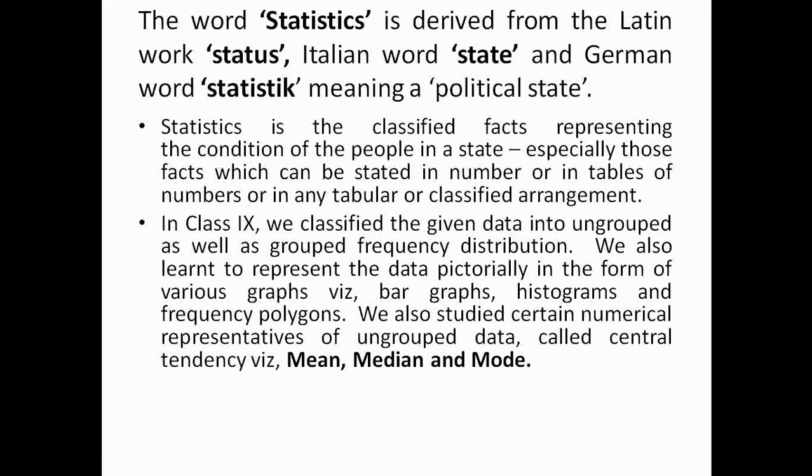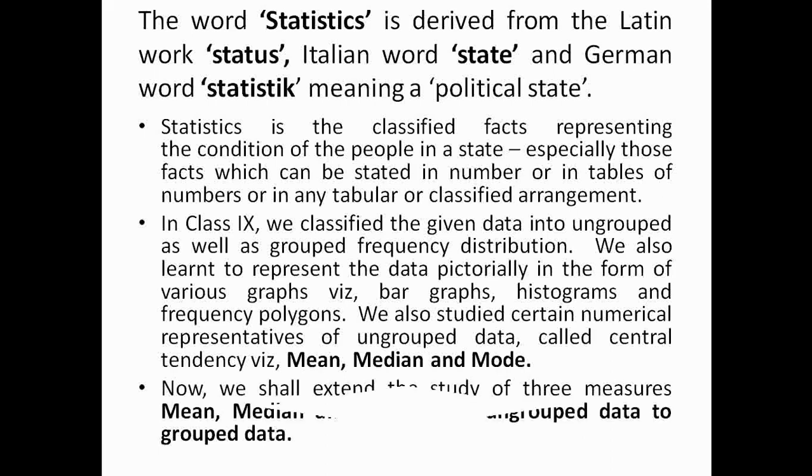We also studied certain numerical representatives of ungrouped data, that is called central tendency. In class 9 you have done that, that is mean, median and mode. Now we shall extend the study of these three measures, mean, median and mode, from ungrouped data to group data.